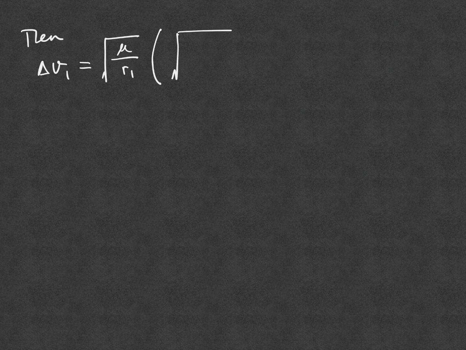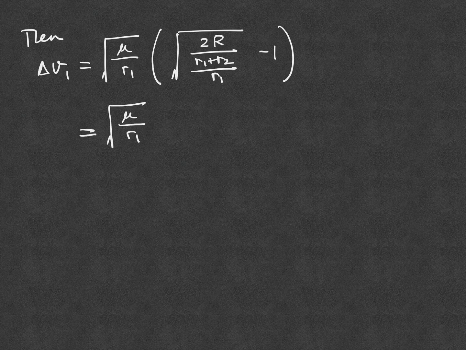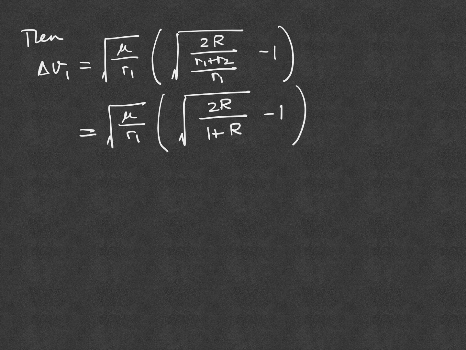So then, delta V1 is equal to the square root of mu over R1 times, if we bring the 2 to the numerator, 2R all divided by R1 plus R2 all divided by R1, minus 1, which is equal to the square root of mu over R1 times the square root of 2R all divided by 1 plus R2 over R1, which is just R, minus 1. So that's delta V1 expressed in terms of the ratio R.